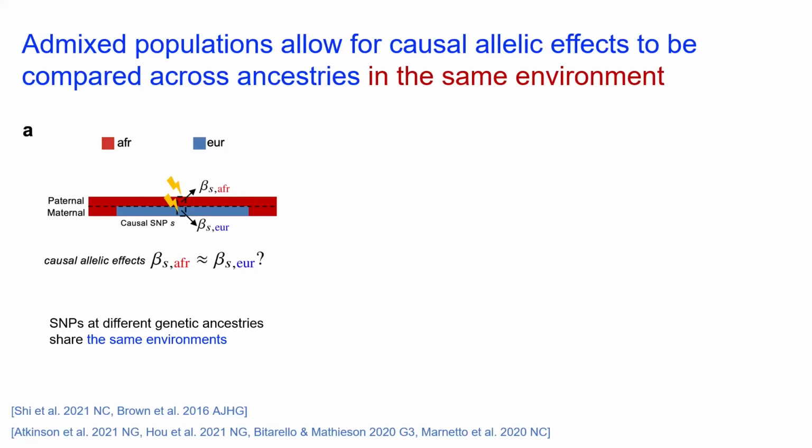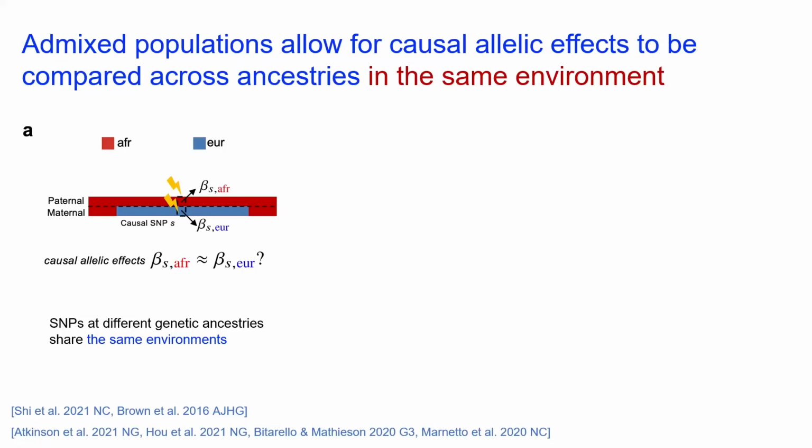So within a given cell, all the cellular context is the same for a particular individual, right? So we can study the effect of these alleles on disease without confounders from the environment. And we wanted to utilize this unique feature of individuals of mixed ancestries to try to tackle this question.